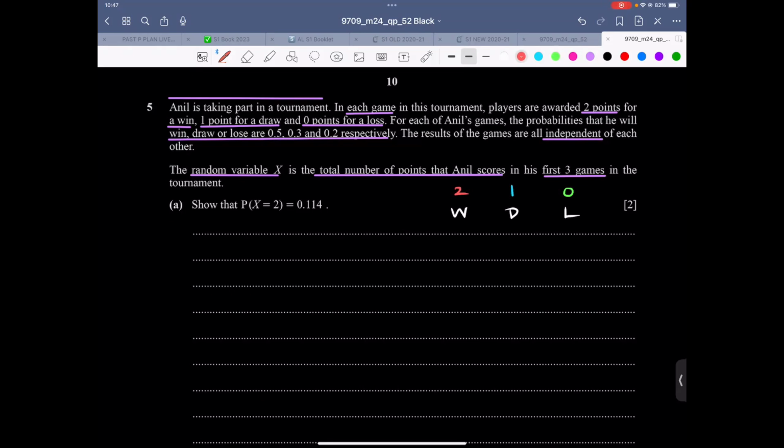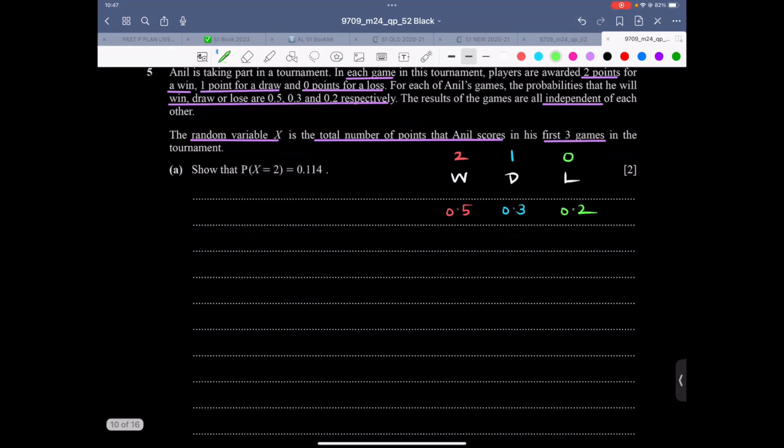The corresponding probabilities: for a win, it's 0.5, for a draw it is 0.3, and for a loss this is 0.2. Let me just make sure that the colors are all good.